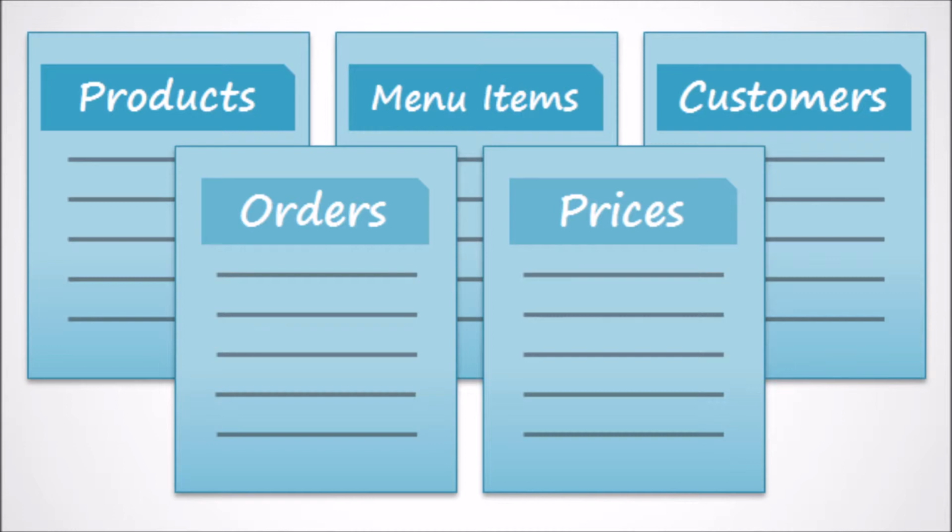In Access, lists are a little more complex than the ones you write on paper. Access stores its lists of data in tables, which allow you to store even more detailed information.